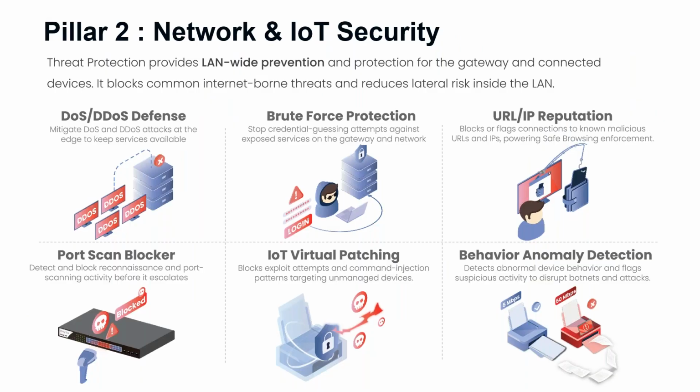And then we have the behavior anomaly detection, which is able to detect any suspicious behavior. For example, if a printer was acting out of the ordinary, doing things it shouldn't do, like port scanning the network, it would then be detected and blocked.